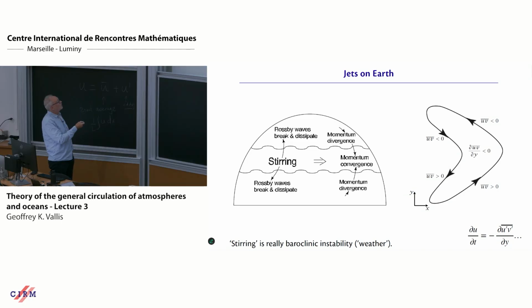Okay, so we're going to stir, and we're going to stir just in mid-latitudes. And what happens is that's going to create Rossby waves. And Rossby waves, which we'll come to in a sec, are the kind of large-scale waves which occur in the atmosphere, wavelengths of 1,000 kilometers or more.